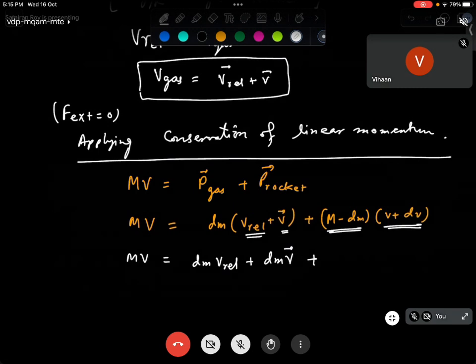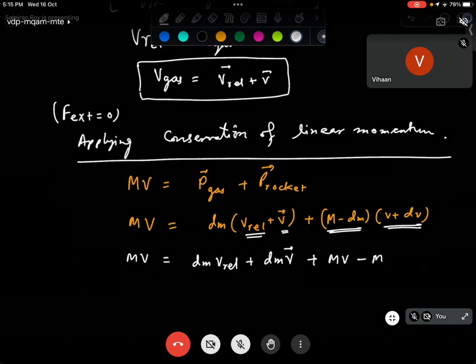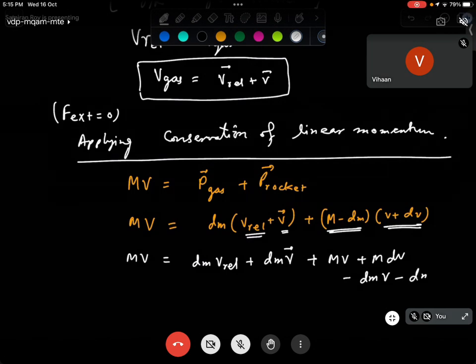So you just solve this. Capital M into capital V plus capital M into dv, minus dm into v, minus dm into dv. Is that clear?